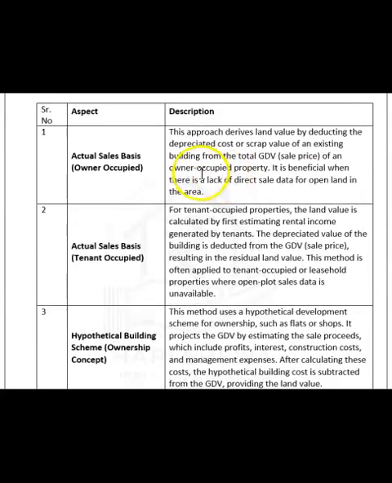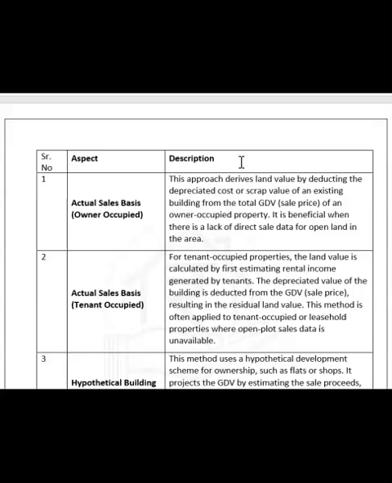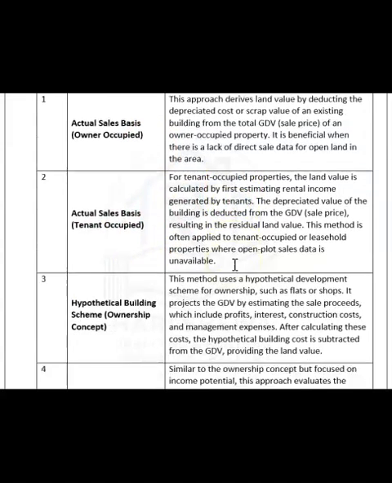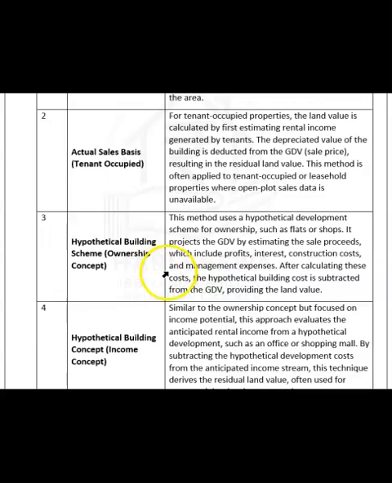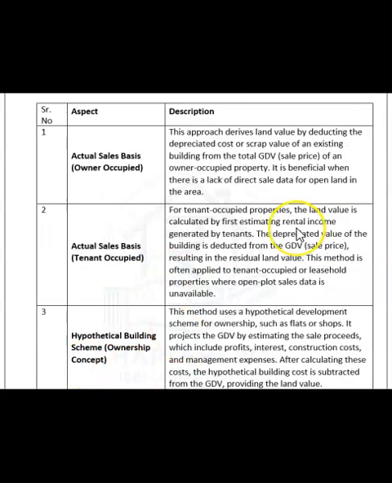In the last session, we have learned the development method is 4 type: actual sale basis, one is owner occupied, second is tenant occupied, and hypothetical building scheme, ownership occupy concept and income concept.